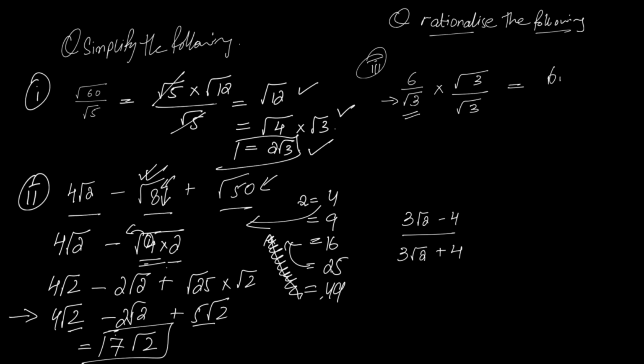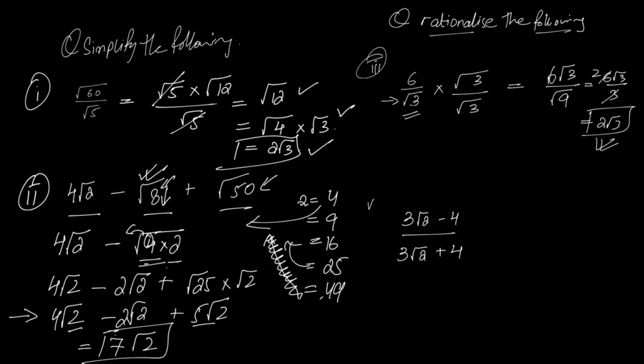So it will become 6 root 3 above, and because when we multiply roots, it multiplies inside the square root, this will become 3. So 6 root 3 upon 3, and 3 twos are 6, so 2 root 3 is the answer in this case. So this has now been rationalized.